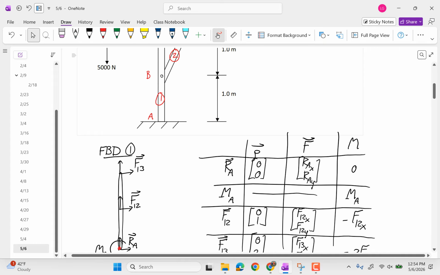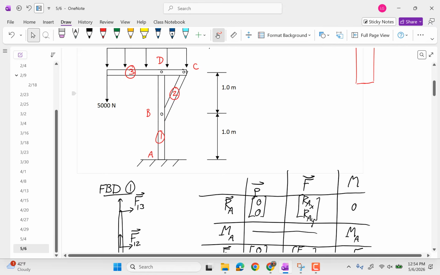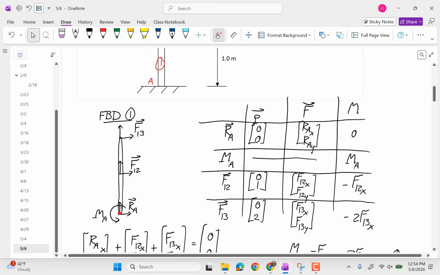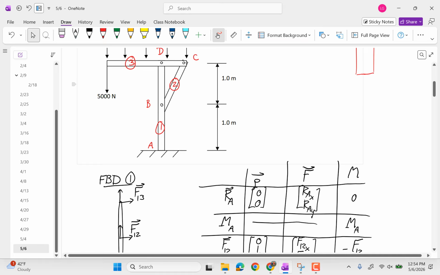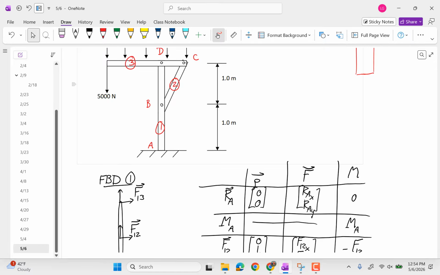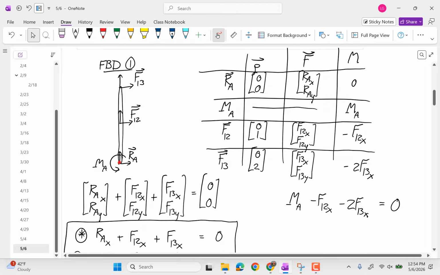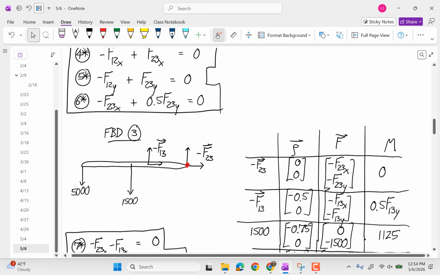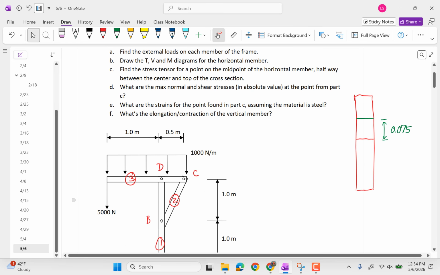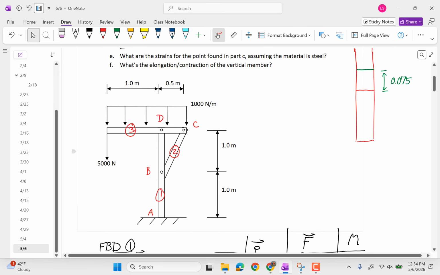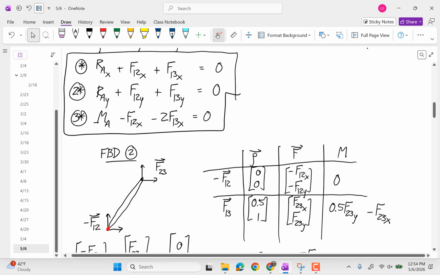So now, what about this vertical member? All we care about are the forces along its length, because we're looking for elongation. So along its length, we have RAY, F12Y, and F13Y.